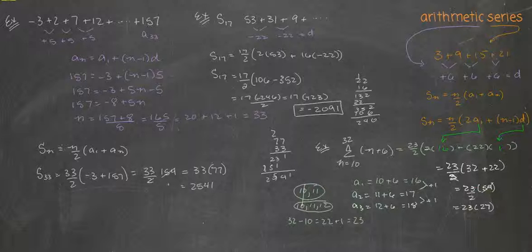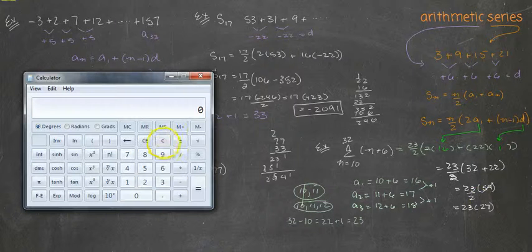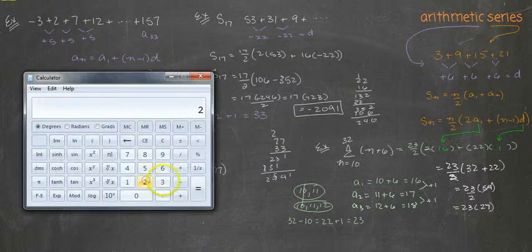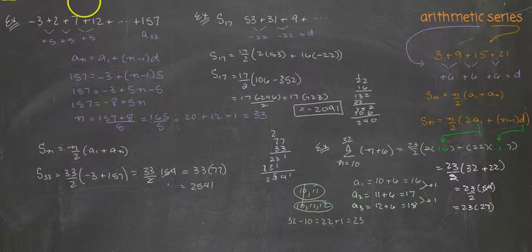And again, I think I'm going to go ahead and use my calculator again. 23 times 27 is 621.